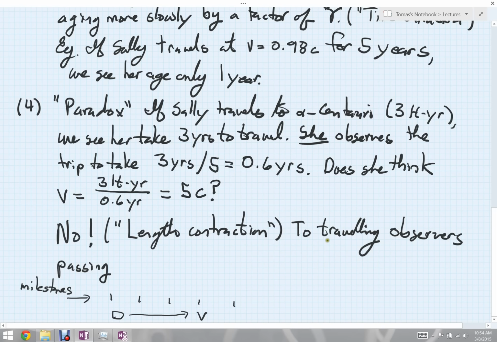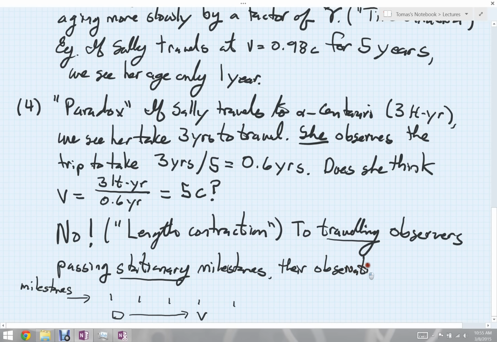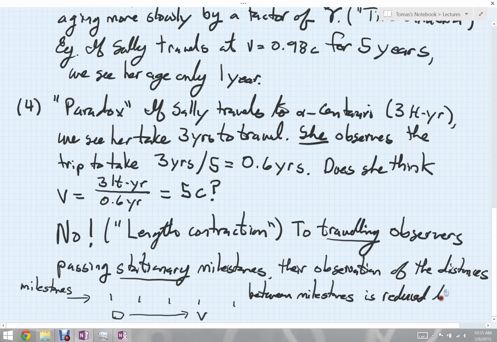So to traveling observers passing stationary milestones, their observation of the distances between the milestones is reduced by a factor of gamma.